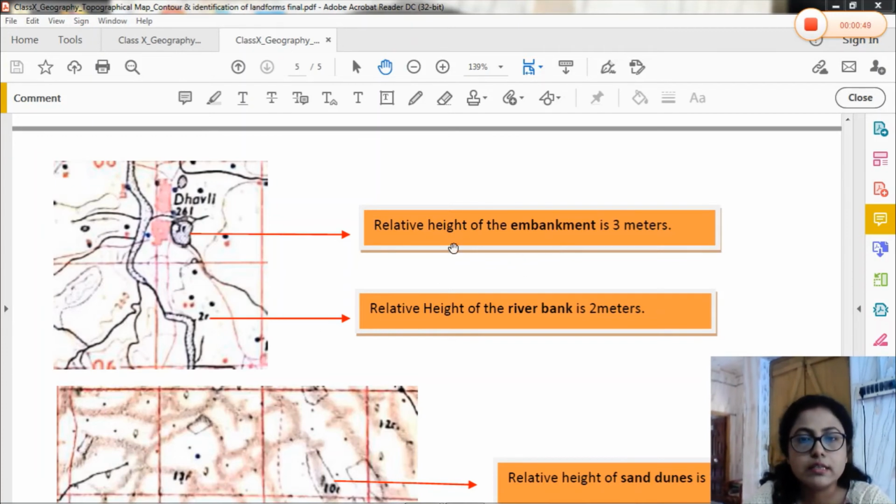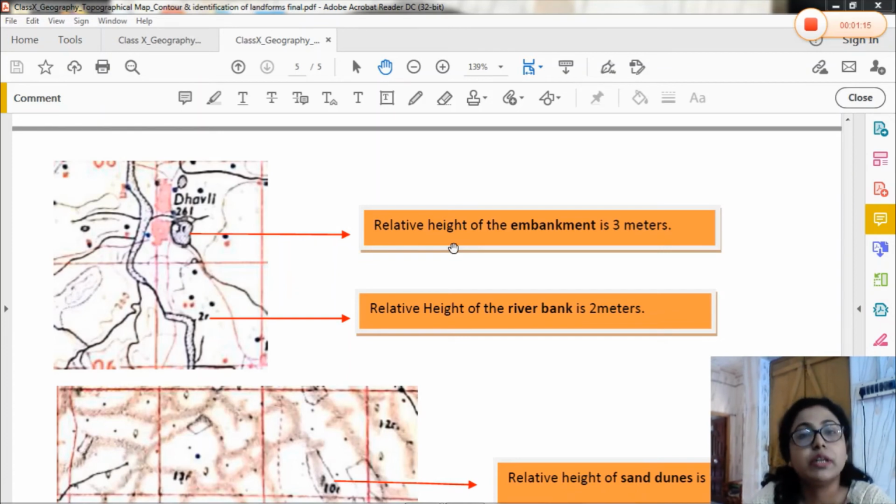Now just see this relative height. For which feature you will say relative height and for which feature you will say relative depth, that you need to know. Beside or inside the feature, when the value is written in black color, you will say this is the relative height of that feature.